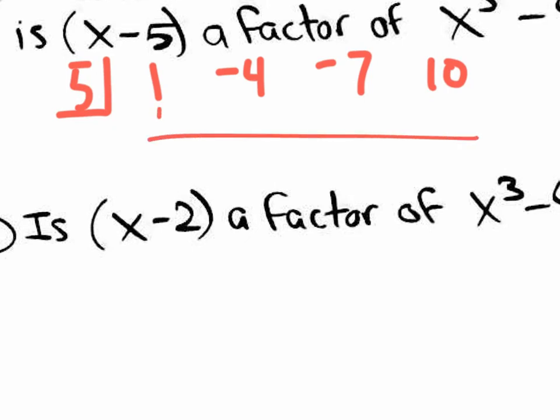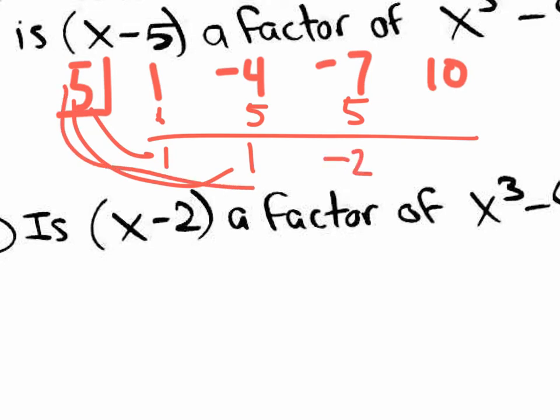So when I bring down the 1 and I multiply 5 times 1, I get 5, and then negative 4 plus 5 is 1, and then 5 times 1 is 5, and then negative 7 plus 5 is negative 2, and 5 times negative 2 is negative 10, and yes, the remainder is 0.